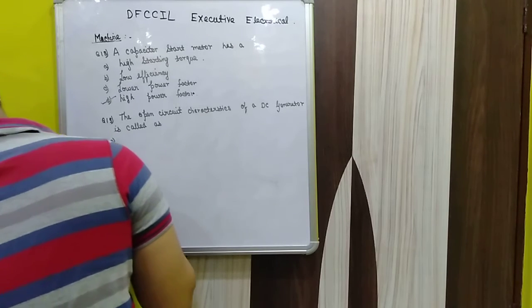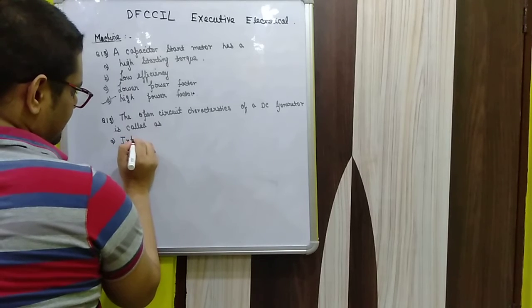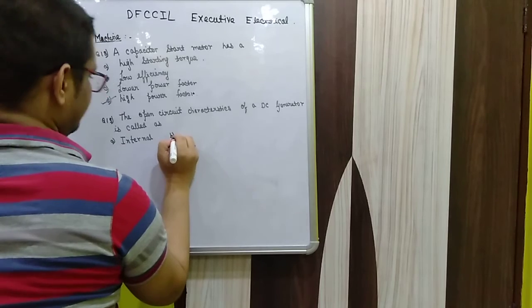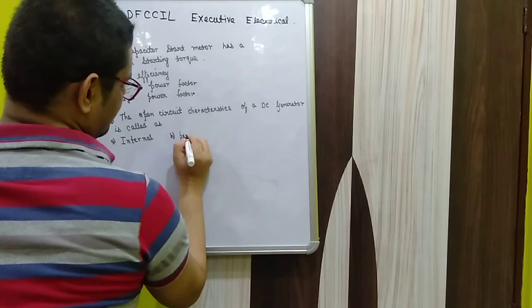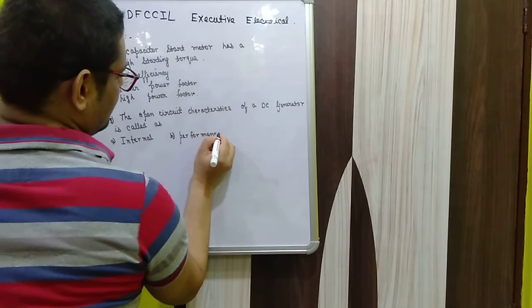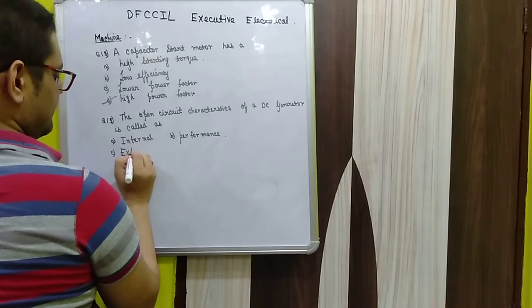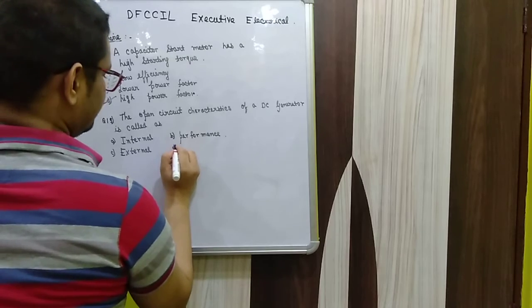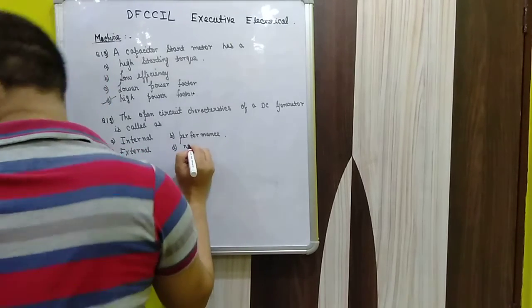Option A is internal, option B is given as performance, option C is given as external, and option D is given as no load saturation.